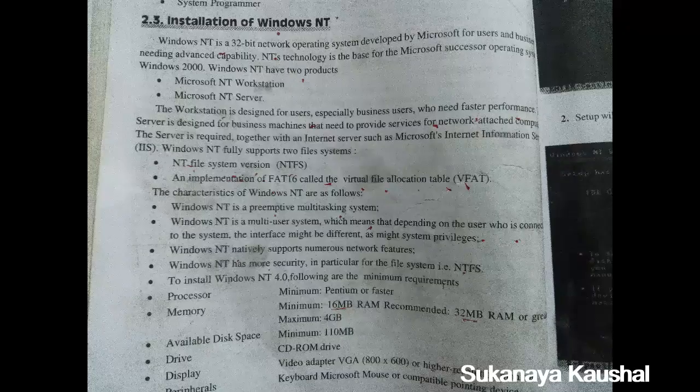Let us discuss Windows NT's main features. It includes multi-boot capabilities, meaning it can coexist with other operating systems. It implements primitive multitasking and supports multi-threading operations. It supports multiple CPU systems with symmetric multiprocessing technology, SMP.